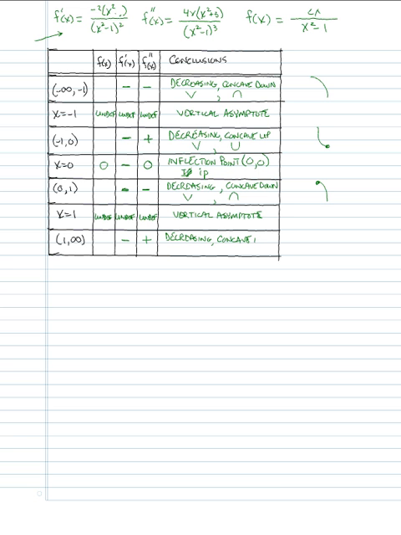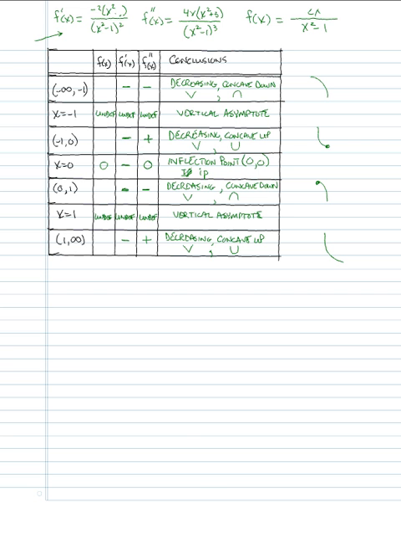And if we were putting this in symbols, we wouldn't write decreasing, we would put this symbol, and we wouldn't write concave up, we would put this symbol. Okay, decreasing and concave up would mean that it looks like this. But remember, the shape above and the shape below here aren't connected because we have a vertical asymptote in between these shapes.